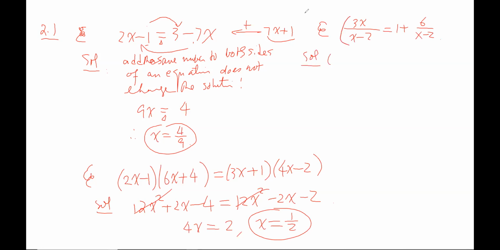If you do that, you multiply this to this side, you get 3x. When you multiply this to this side, you have to multiply to both terms, yes? So you get x minus 2 plus 6. You agree? You get 2x equal to 4. x equal to what? 2.